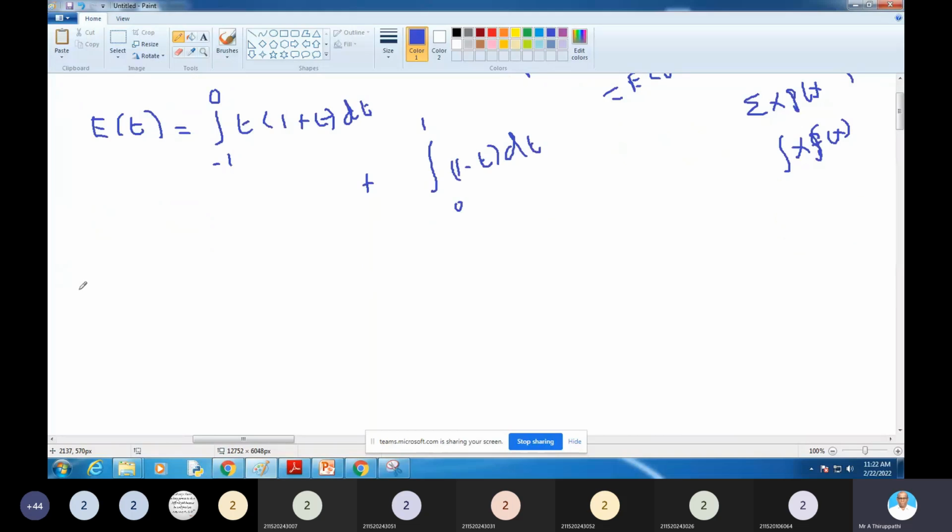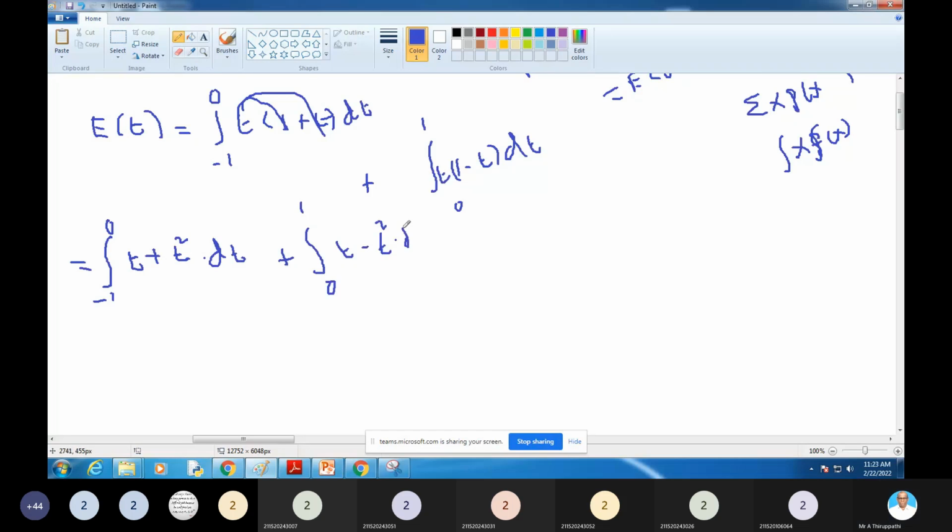Now simplified, it is equal to integral over minus 1 to 0 of t into 1 plus t into t square, that is t plus t into t square dt, plus the second one, integral over 0 to 1 of t minus t into t square dt.